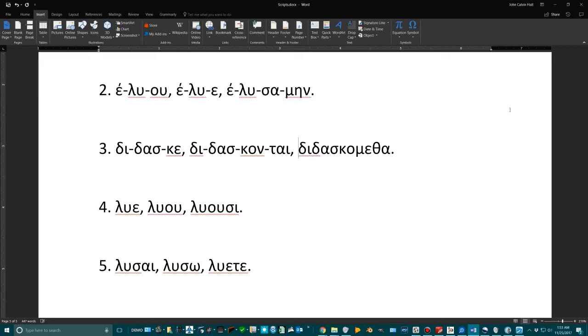Didaskamatha. Let's break this down. Once again, we have a consonant vowel layout. When you have two consonants together, it comes across as a natural break in the syllables.